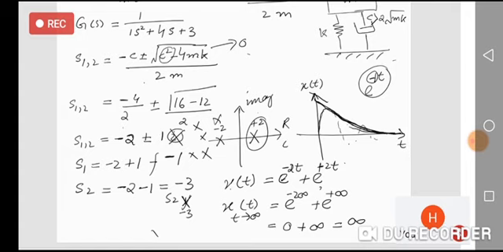Because of this one, बाकी 9 poles तो 0 हो जाएंगे ना. 0 plus 0 plus 0 plus 0. लेकिन जो आखिरी एक पोल राइट हैंड प्लेन में है, that will make x of t approach infinity and the system will become unstable. That means for a system to be classified as stable, all the poles of the system need to be in the left hand plane of the complex plane. ठीक है.